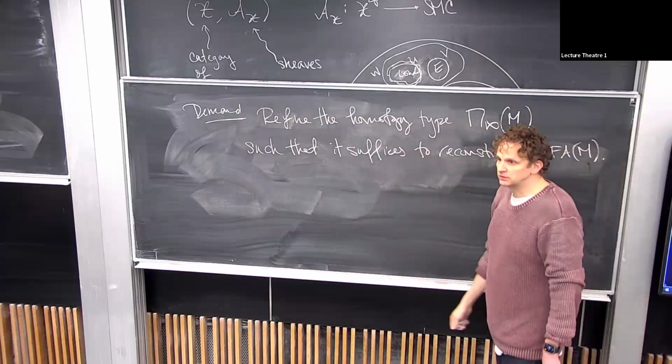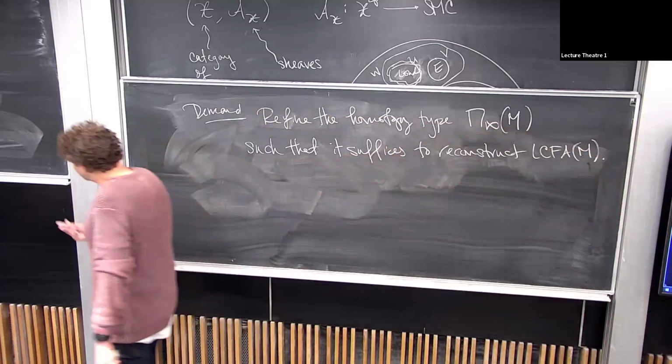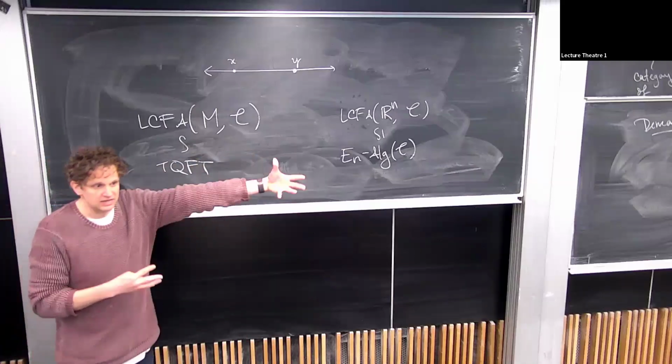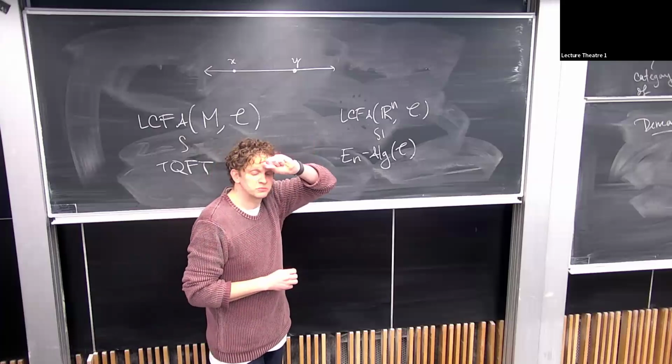It's a clear example. But then the question is, can I add more information to that homotopy type in order to see these locally constant factorization algebras?